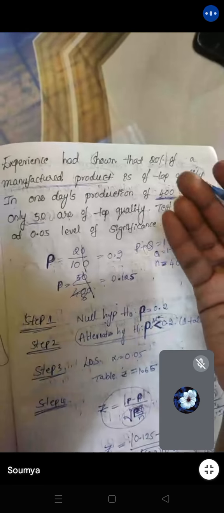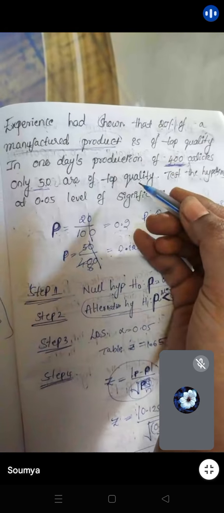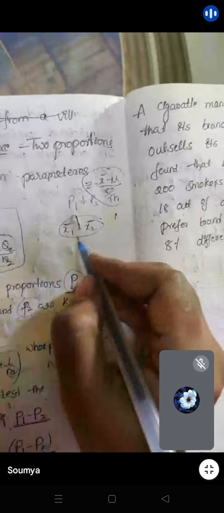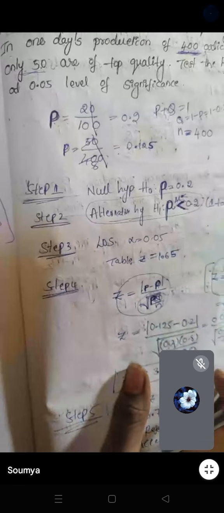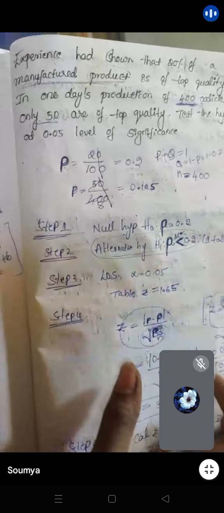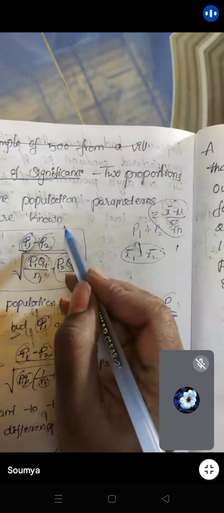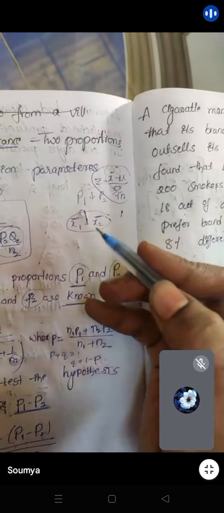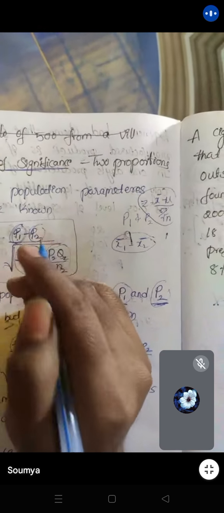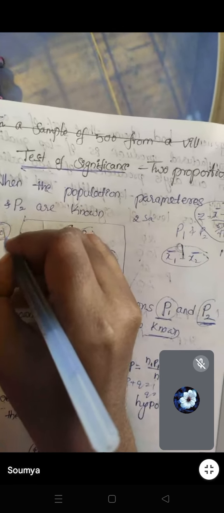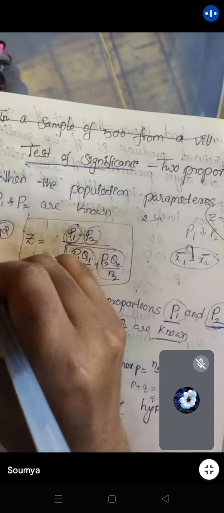Otherwise, if you have questions like out of 450, this many are of top quality, or out of 440 are defective, if you have questions like that, you will go for the proportion formula: p minus capital P by under root of PQ by n. So this is for single proportion. When we have two proportions, we have two populations and two samples. For that you will go for the two-sample formulas.